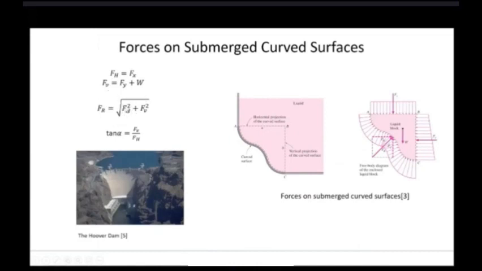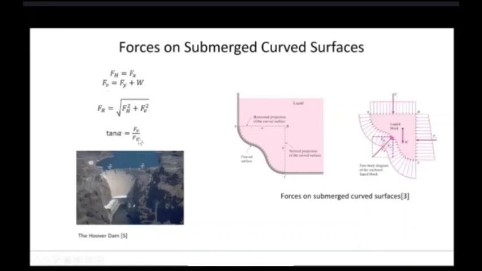If we take the horizontal force and square it, and look at the vertical force and square it, and then square root the sum of those two, clearly that's going to give me the magnitude of the force acting on that curved surface. And if we want to understand the orientation of that force, we know that tan alpha equals the vertical force divided by the horizontal force.